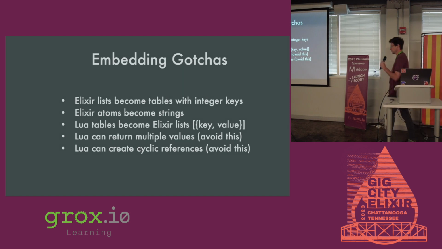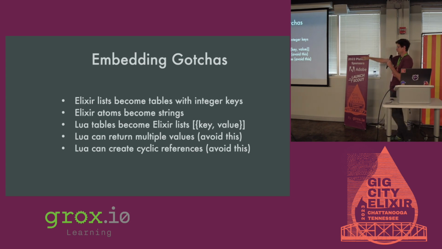And Lua can out of the box return multiple values. You can say, I'm going to return 1, and then you can just change that to, I'm going to return 1, 2. And it's not really a list, it just comes back as multiple values. That is not fun to deal with in a language like Elixir, where arity is such an important aspect.